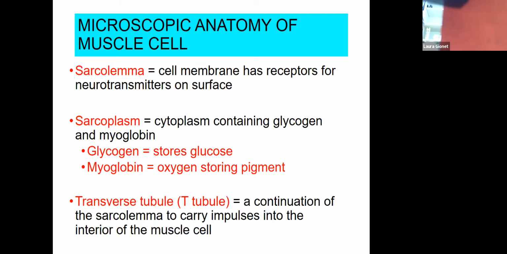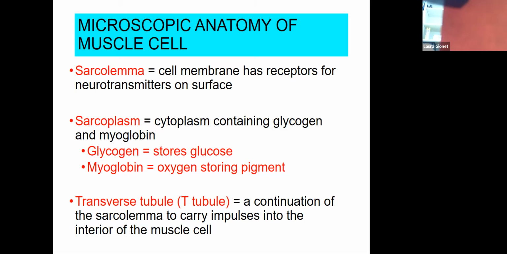The cytoplasm in the cell is called sarcoplasm. That's all. It's cytoplasm, just like we looked at in the other cell chapter, but now it has a specific name called sarcoplasm. And we store glycogen and myoglobin there. Glycogen, remember, is the storage form of the polysaccharide in the carbohydrate family.